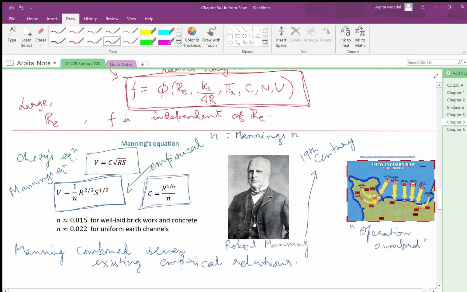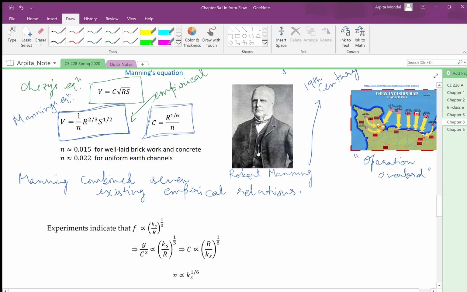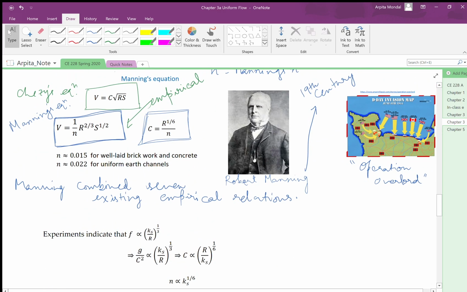This could also be related to modern fluid mechanics and concepts from boundary layer theory. In fact, experiments with real life data and also Nikuradse's experiments.